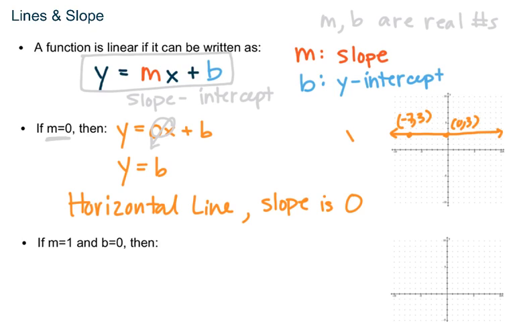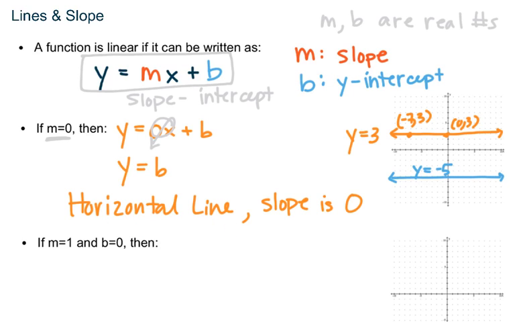So this represents the horizontal line, y equals 3. B is 3, it's the constant. And then we could draw a line down here. This line would be y equals -5. So if m is 0, m representing the slope, we will always have a horizontal line.